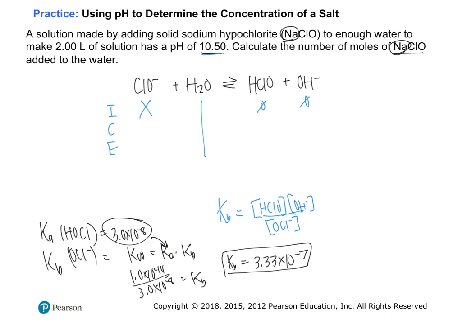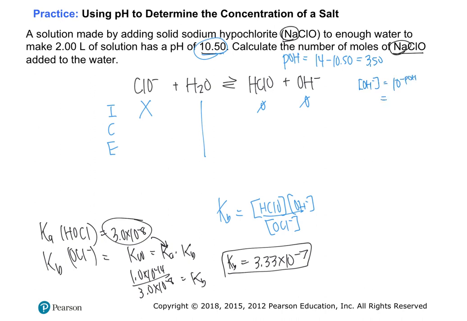Okay, so now the key piece of information we have here is that the pH is 10.5. So that means that my pOH is 14 minus 10.5, which is 3.50. So then I can find out my hydroxide concentration by doing 10 to the negative pOH.